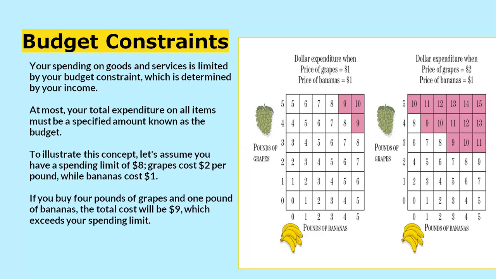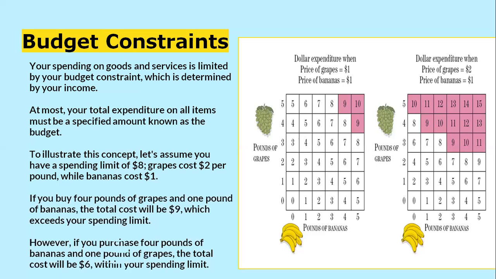If you buy 4 pounds of grapes and 1 pound of bananas, the total cost will be $9, which exceeds your spending limit. However, if you purchase 4 pounds of bananas and 1 pound of grapes, the total cost will be $6, within your spending limit.